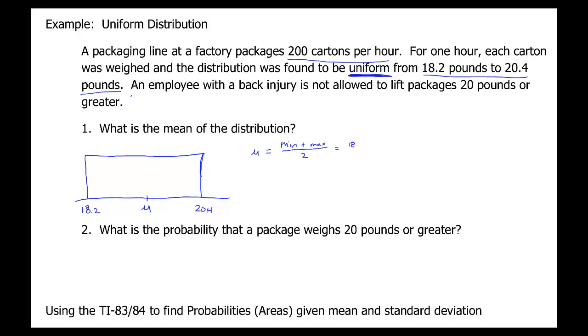So our minimum value is 18.2, our maximum is 20.4, and if we add that up we get 38.6 over 2, and divide that and we get 19.3 pounds. So we can add that to our diagram.